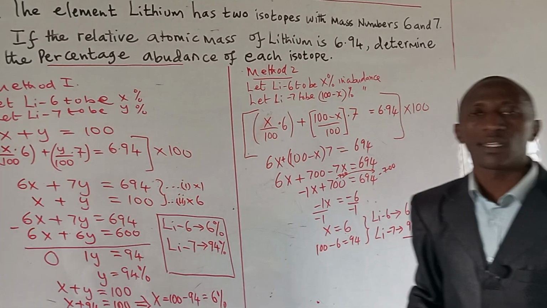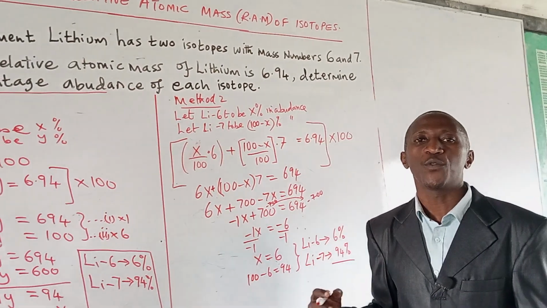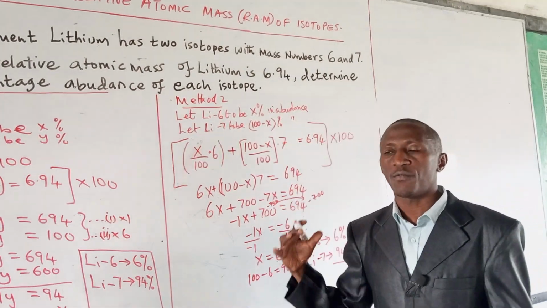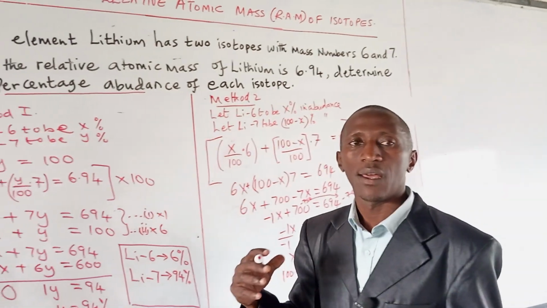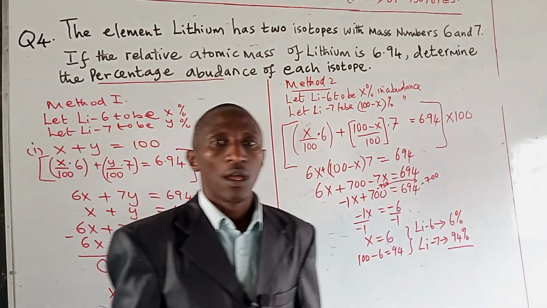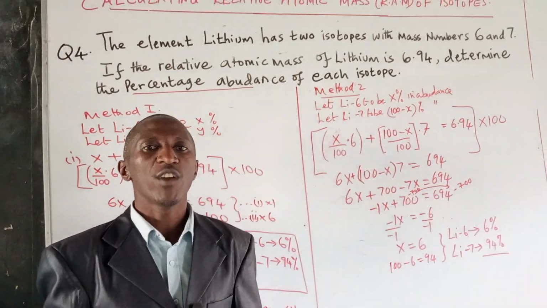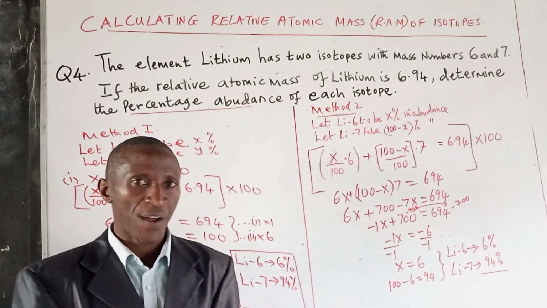And viewers, that shows how well we are able to manipulate the values given under the calculations on RAM. I believe we are becoming very conversant now with the calculations provided here.